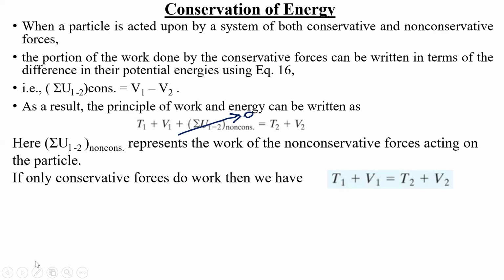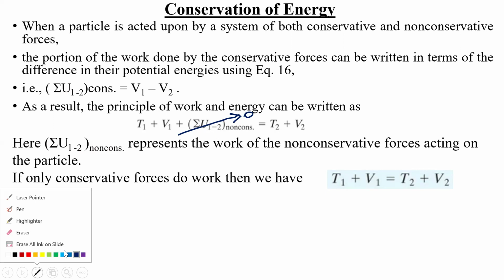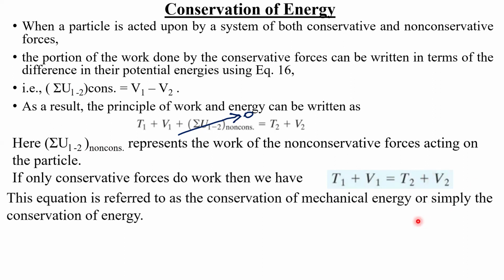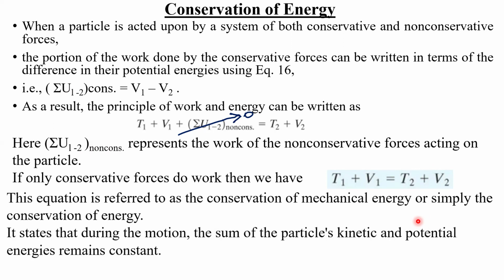So T1 plus V1 is equal to T2 plus V2. This equation is referred to as the conservation of mechanical energy, or simply conservation of energy. It states that during the motion, the sum of the particle's kinetic and potential energies remains constant.